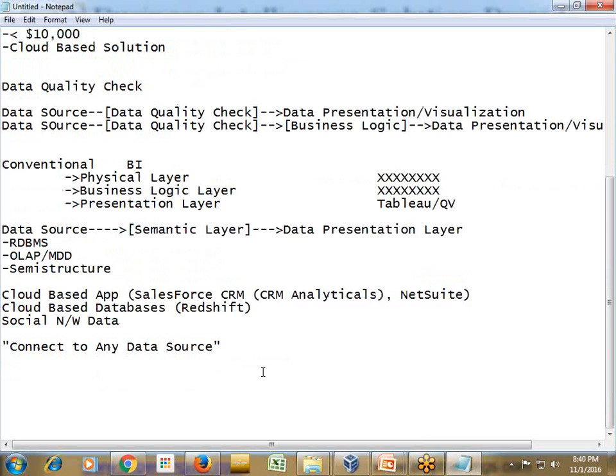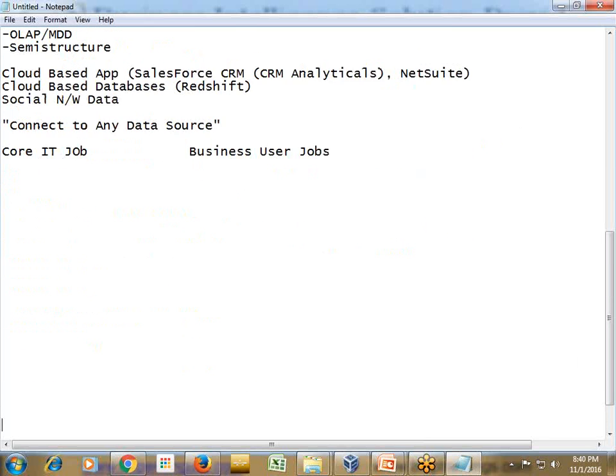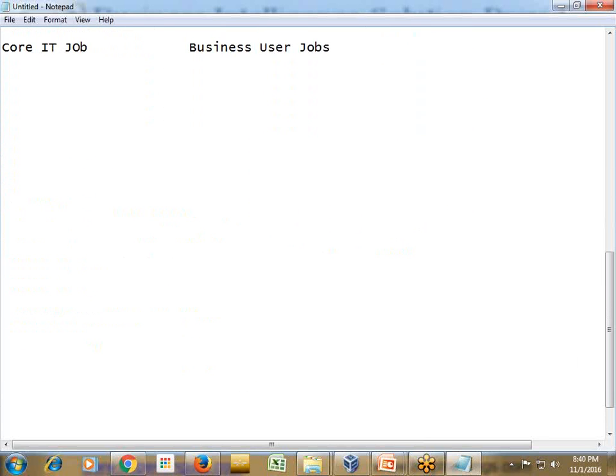So when you implement or work on a Tableau kind of product, we clearly draw a line between core IT jobs and what I would call business user jobs or business user activities, right? People generally misinterpret or get confused when they look at videos from YouTube channels and think Tableau is all about drag and drop, click, process, data gets done, that's it.